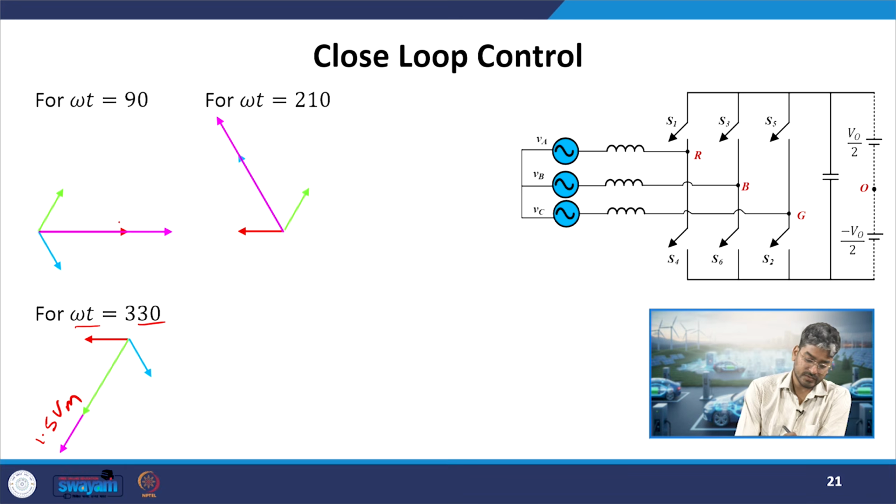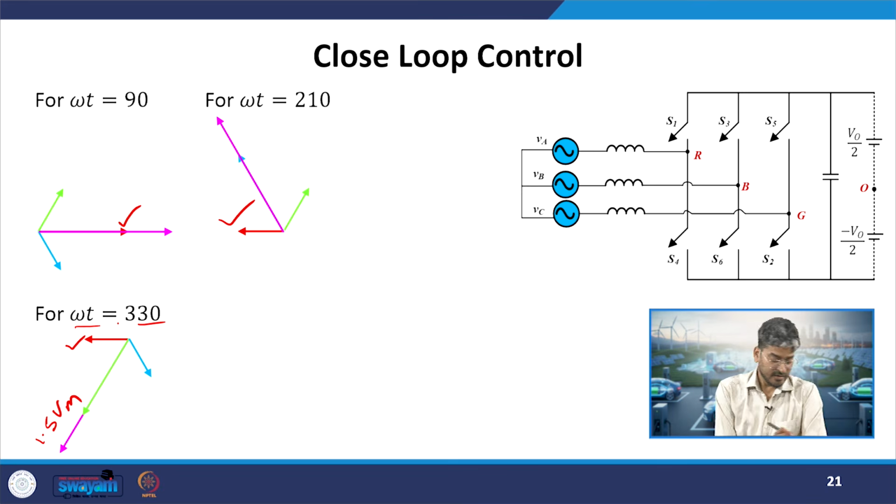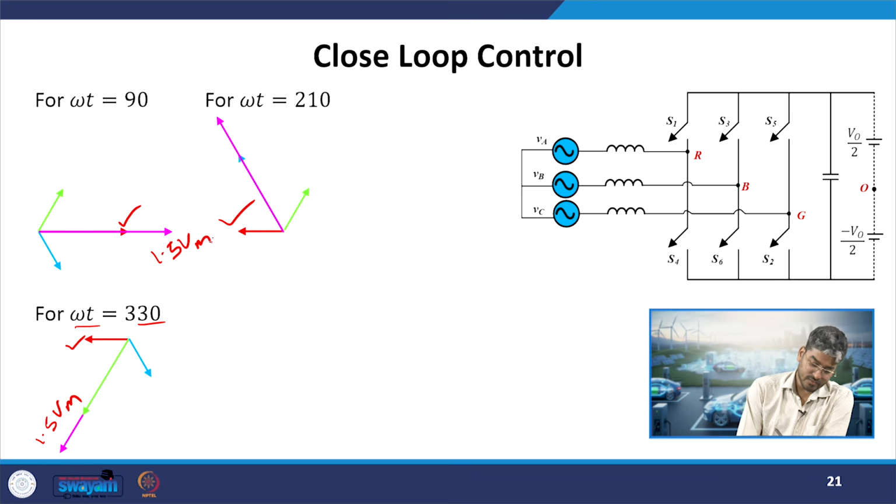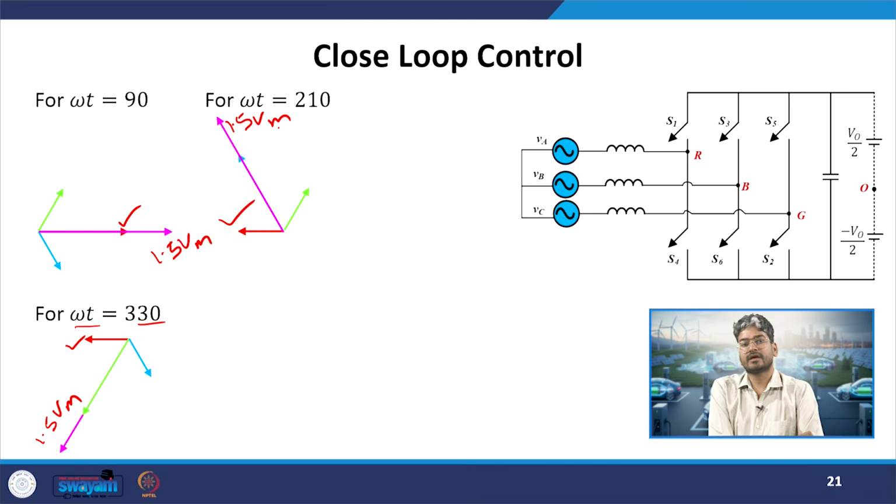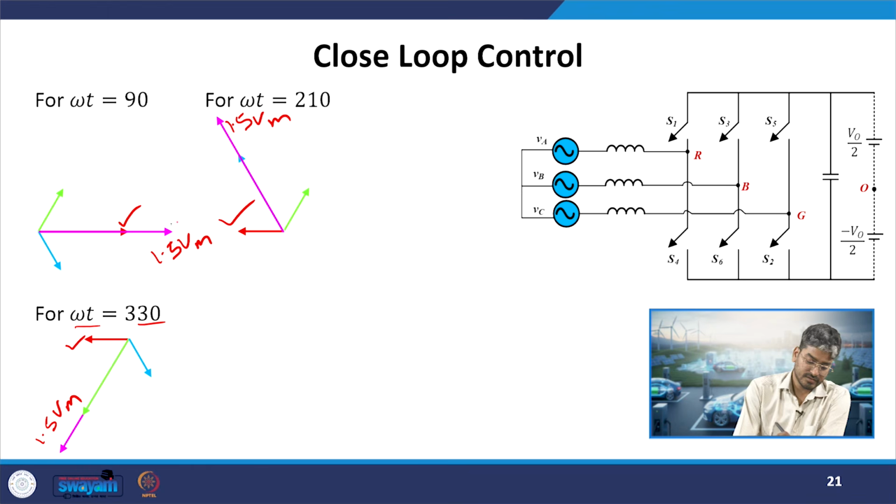If you see at 90 degrees, my red phase was over here. At 210 the red phase has moved to this location, whereas after that the red phase has aligned across this, and its value has changed. Now the thing to be noted is that everywhere I am having 1.5 Vm. The resultant value has the same magnitude, the only thing is it is changing its position, or the resultant vector has a different location with respect to the omega t value.